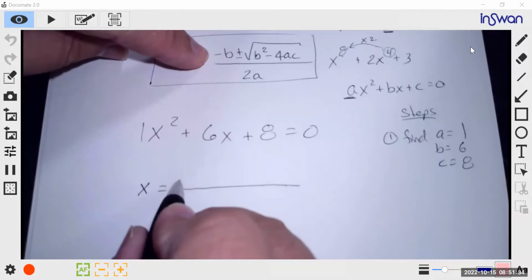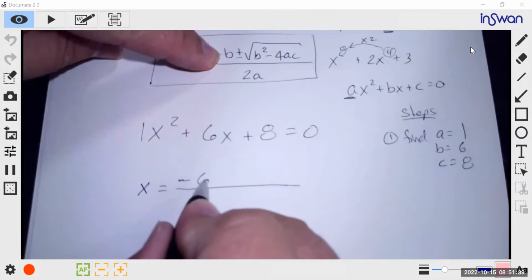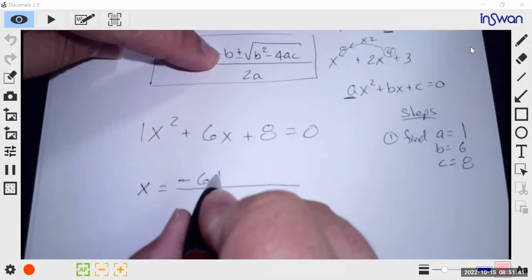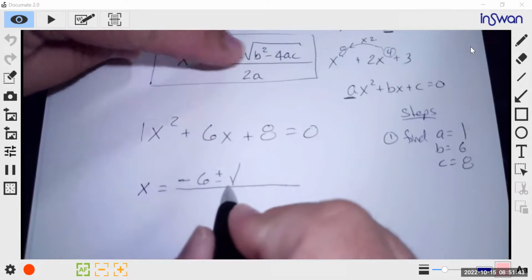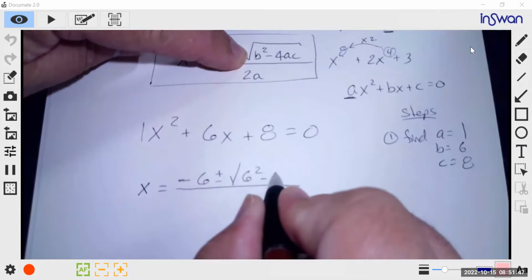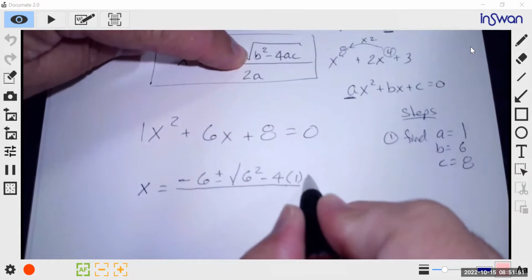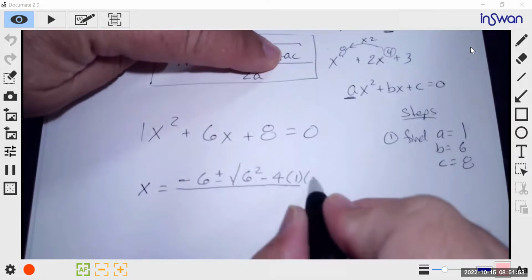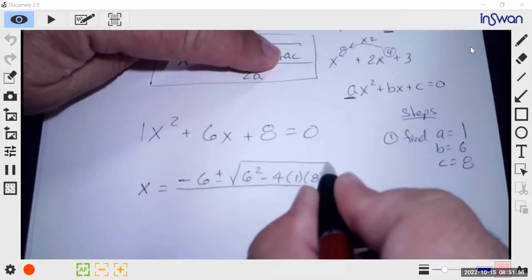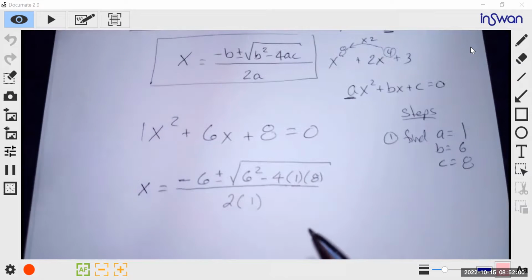So I have negative. What's B? 6, plus or minus the square root of B, 6 squared, minus 4 times A. A is 1 and C is 8. Just plug them in there. Over 2 times A. A is 1.